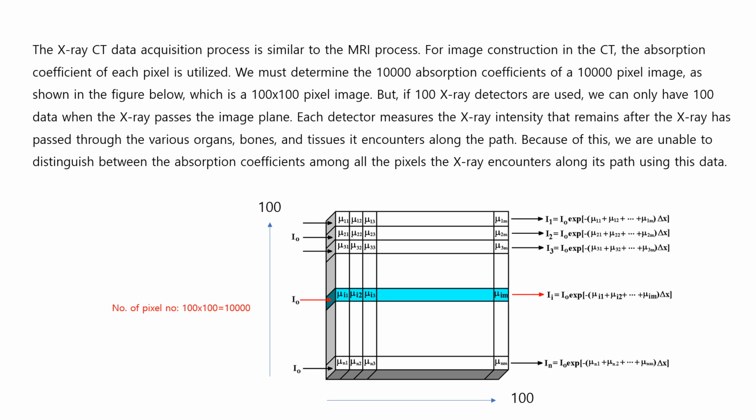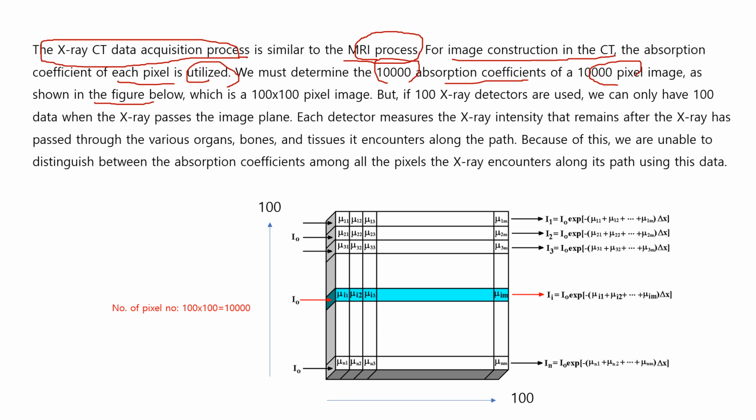The X-ray CT data acquisition process is similar to the MRI process. For image construction in CT, the absorption coefficient of each pixel is utilized. We must determine the absorption coefficients of a 10,000 pixel image as shown in the figure below, which is a 100 by 100 pixel image.